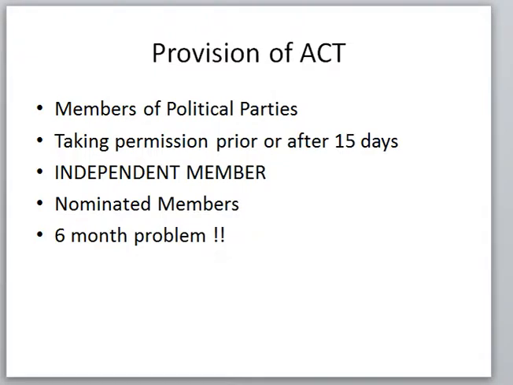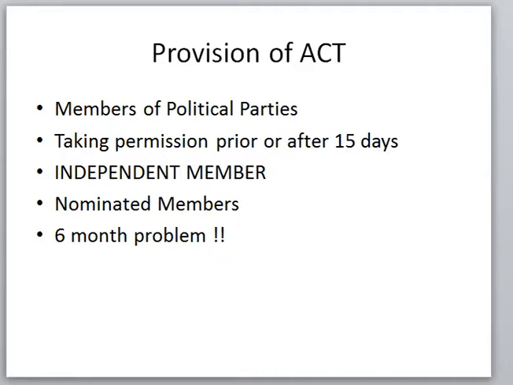If the party gets to know that a person has voted against the party's wish, the party can take action on that person within 15 days. In between those 15 days also the party can take action, but before the action the candidate can approach the party and take its permission.